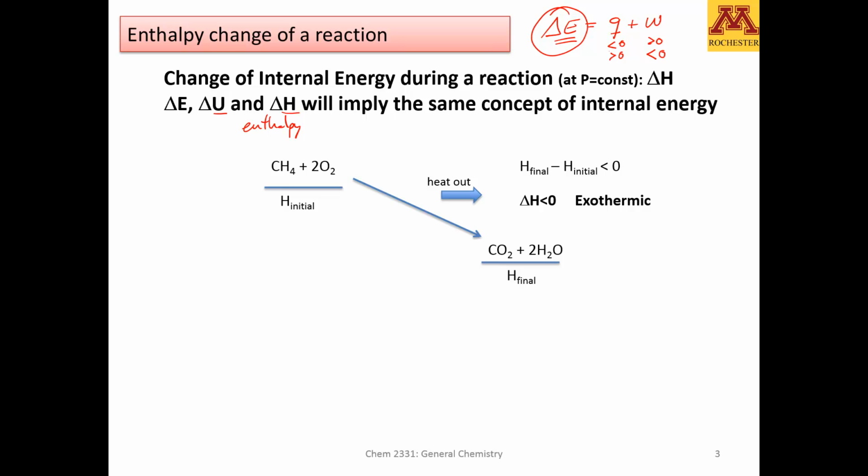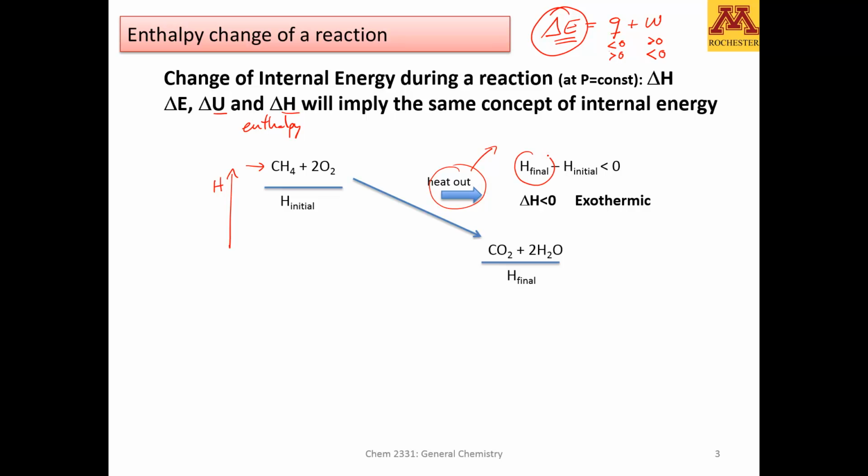So a typical reaction of combustion, right? You know that methane reacts with oxygen, it burns, to give carbon dioxide and water. If it gives out energy, you can imagine, again using that kind of graphical representation of potential energy, it goes from up to down. It means that if the y-axis is H, the enthalpy or internal energy, there is some energy loss, now not anymore in form of kinetic energy, because now this energy is lost to the system, so there's some heat out.